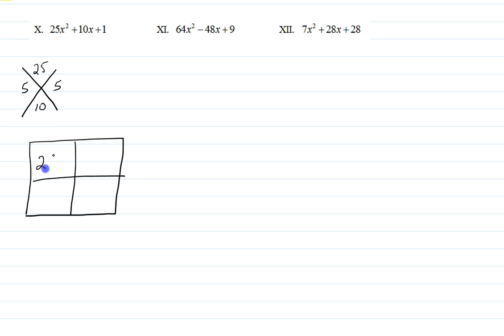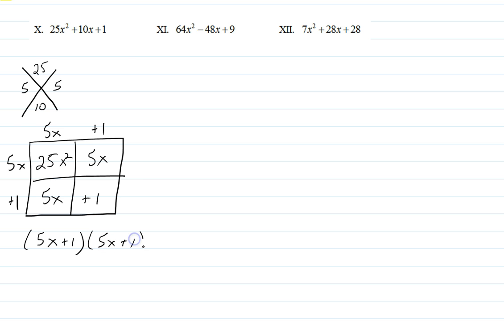So 25x squared plus 1, 5x and 5x. So 5 goes into both of them. They both have x's. Here they don't have anything in common, so I gotta take out something, so I take out a 1. Here, 5x, same thing, a 1. And so this is just 5x plus 1 times 5x plus 1.